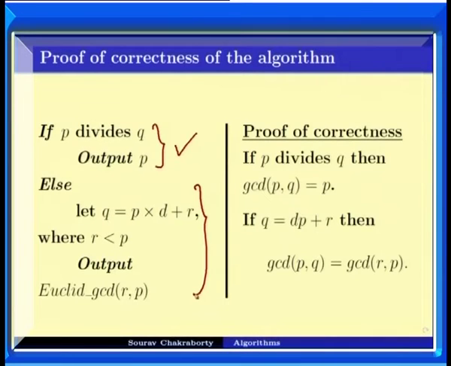The Euclid GCD of P and Q algorithm will output the right value of GCD of P and Q, because Euclid GCD of P and Q will be calling Euclid GCD of R and P, and GCD of P and Q is equal to GCD of R and P. Euclid GCD of R and P will output the right value. So GCD of P and Q will be the output of this whole algorithm. So this is the proof of correctness of this algorithm.